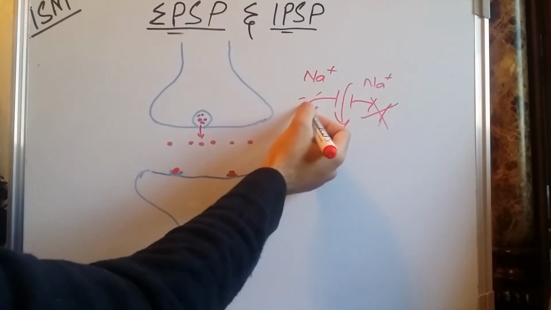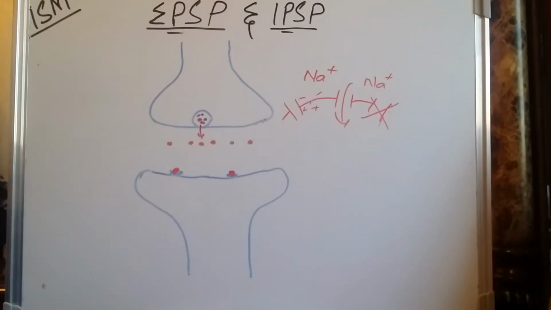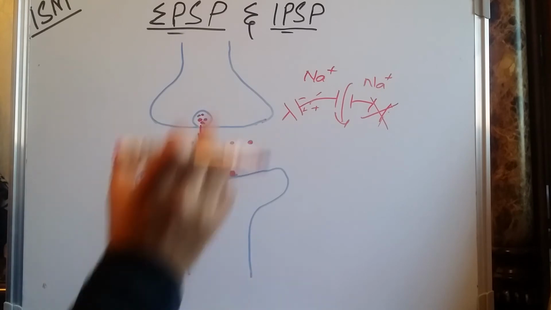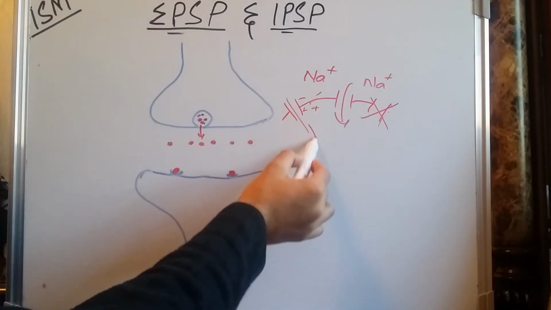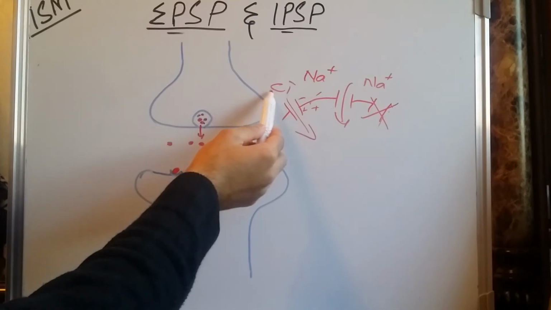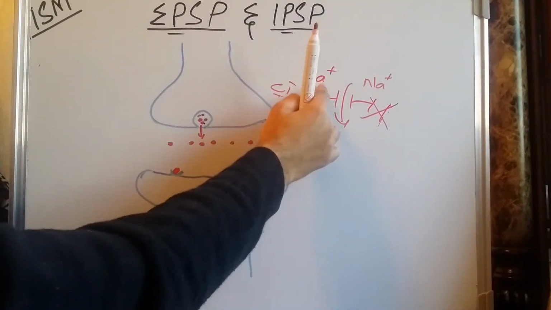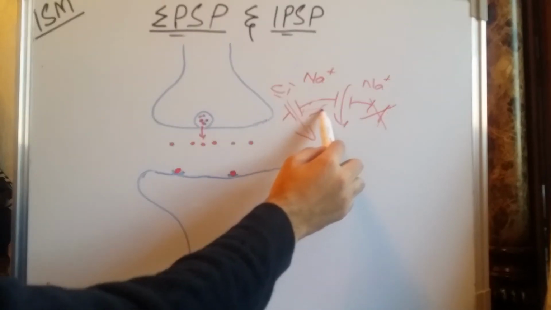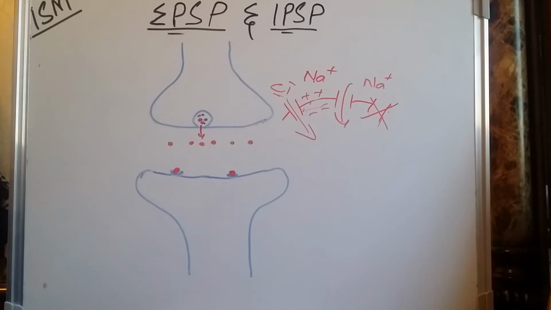Those neurotransmitters which stop the opening of sodium channels and cause the opening of channels for negative ions, for example chloride, make the membrane hyperpolarized and less likely to generate an action potential.